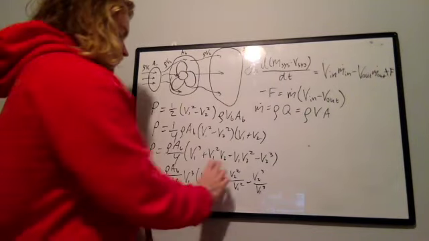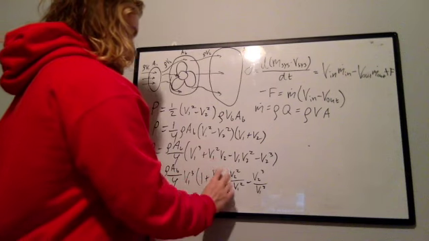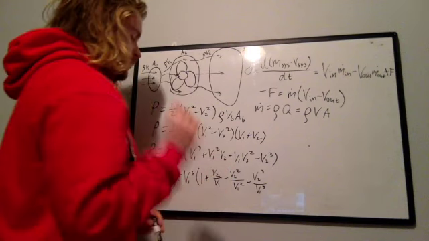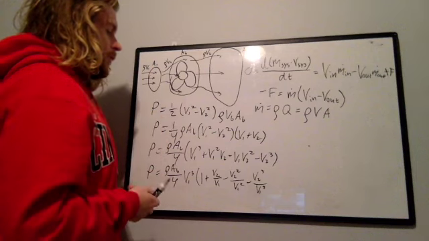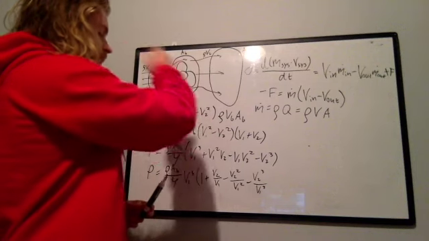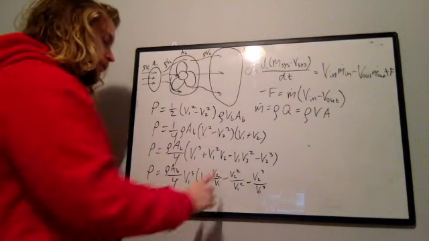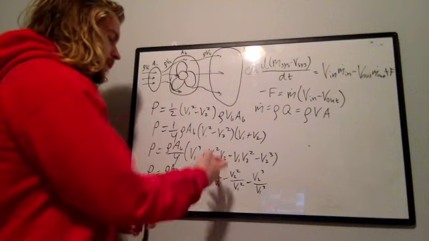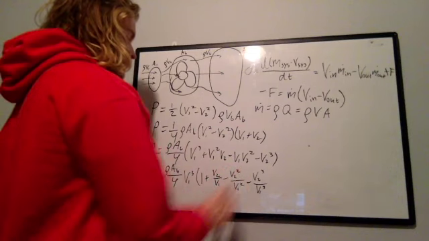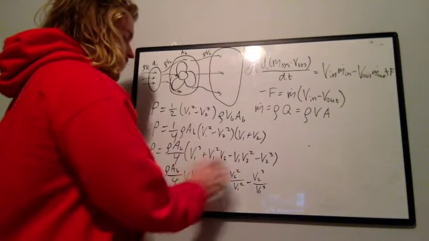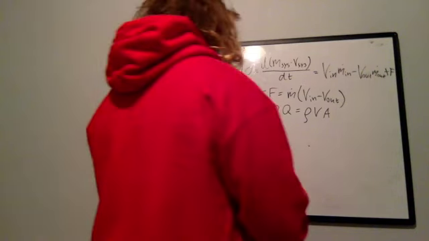So if you think of these v2 over v1s as just a constant expression of the ratio of the outlet velocity and the inlet velocity, and give it a variable like r to represent v2 over v1, you can see that these are really all just the same term except increasing in exponent as you move along, all right?